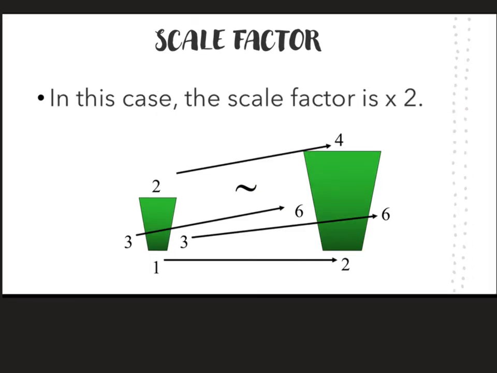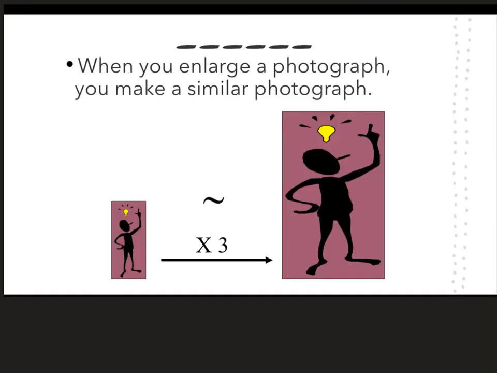This next slide describes exactly what we just did. Remember, these are similar figures here. It has that little symbol there. And you can see the scale factor is times 2, exactly what we just showed in that last slide. So this next one, if you are making something bigger, you are enlarging it. So our key term here is enlargement. It's exactly how it sounds.